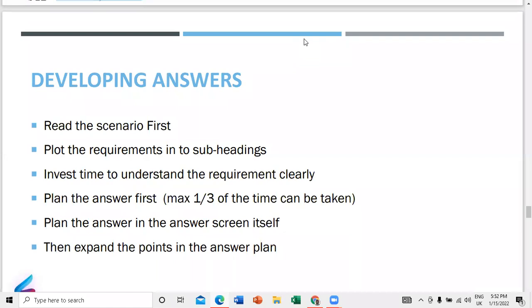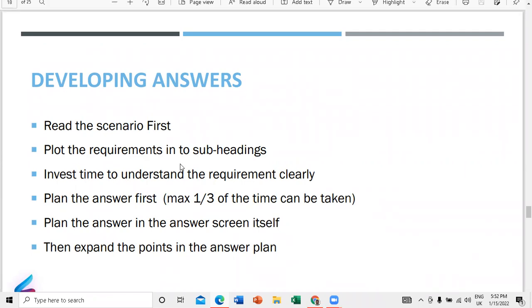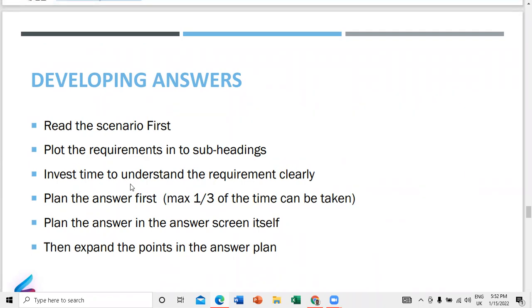All right. Okay. So what you are supposed to do when developing answers: read the scenario first, try to figure out the most important information provided as part of the question, plot the requirements into subheadings. That's exactly what I told you earlier. Invest time to understand the requirement clearly.